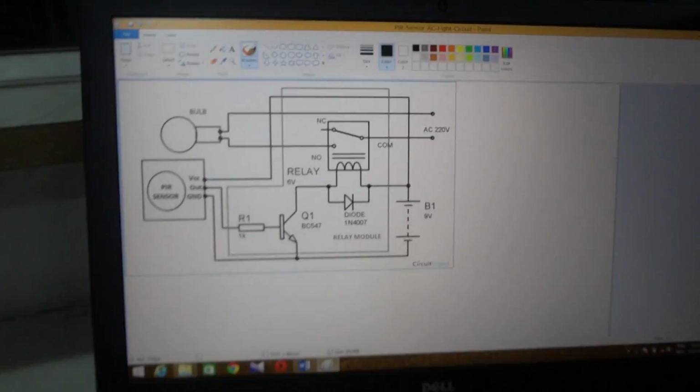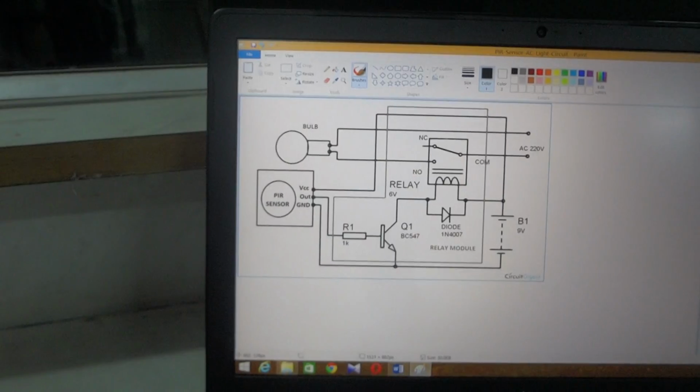Now further we will see the working of the PIR motion sensor detecting project.